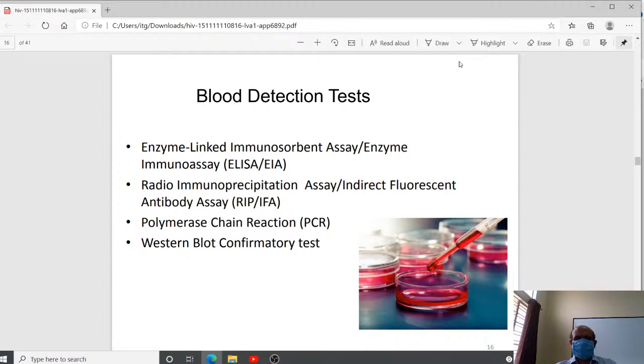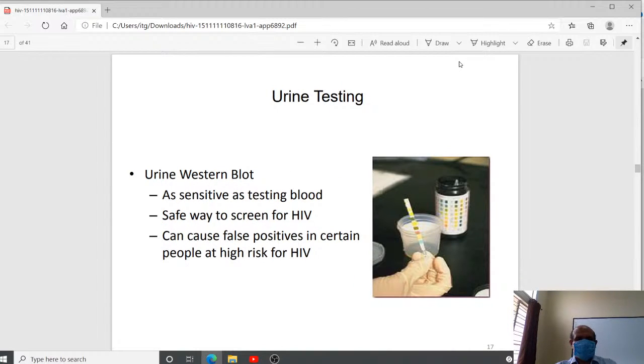Tests include enzyme-linked immunosorbent assay, that is ELISA or EIA; radioimmunoprecipitation assay; indirect fluorescent antibody assay; polymerase chain reaction; and the Western blot confirmatory test.